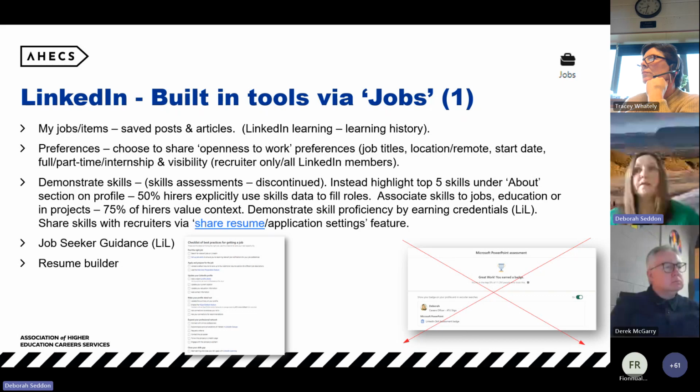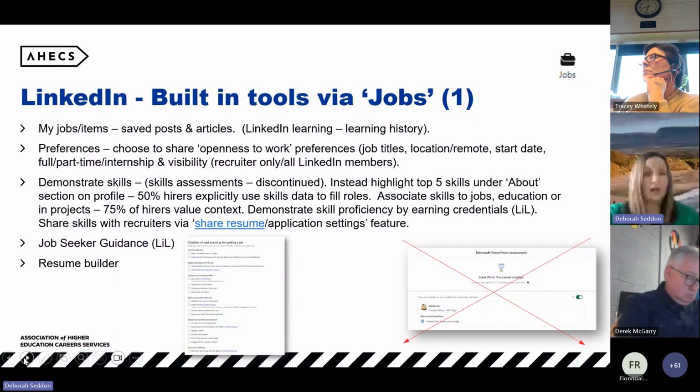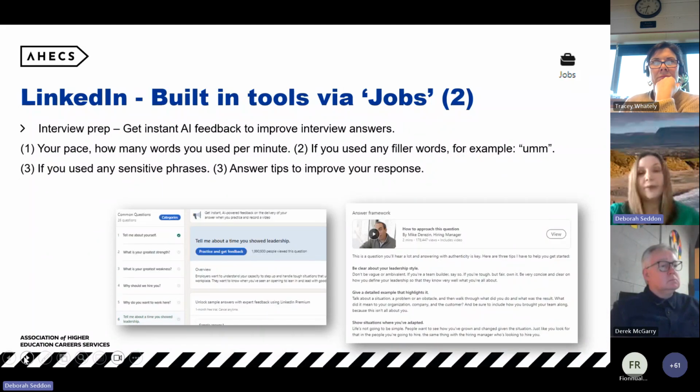And sometimes they will use the actual product of the resume builder, add to that, and use it as the foundation for a CV template for themselves. So I would use that. Obviously, a lot of us have software like CareerSet, etc., but it can be a good starting point for students.